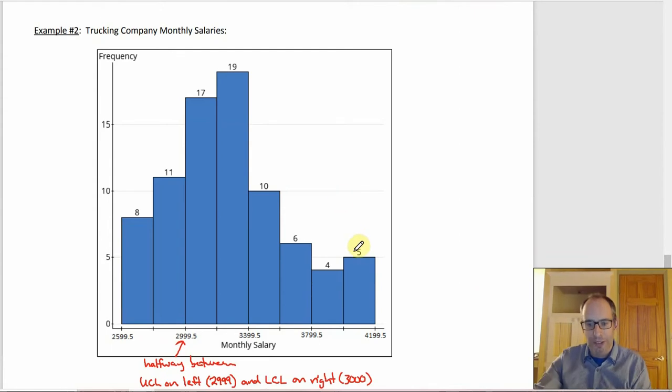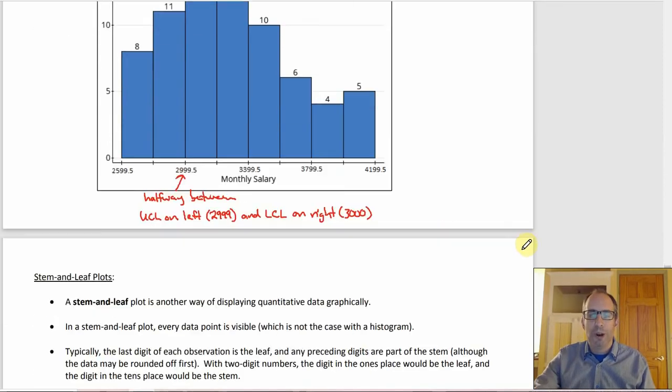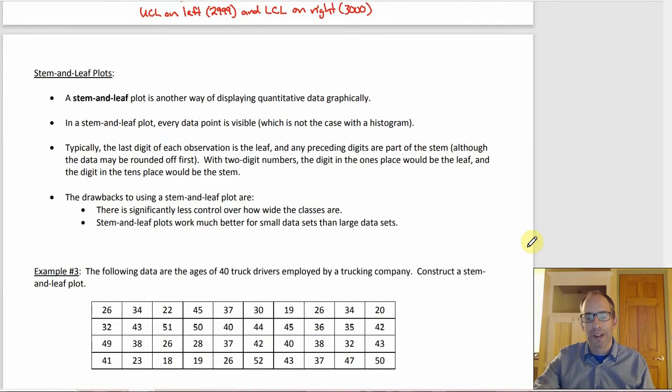For this last class right here, you could say, okay, there are 5 of them in that last class from 4,000 to 4,199. Well, we don't know exactly what those 5 values are, and there's no way we could figure it out. We just know that there are 5 of them in there. And that's as far as you could go. But with a stem and leaf plot, you could actually bring out the whole thing. But we're actually going to go forwards rather than backwards here.